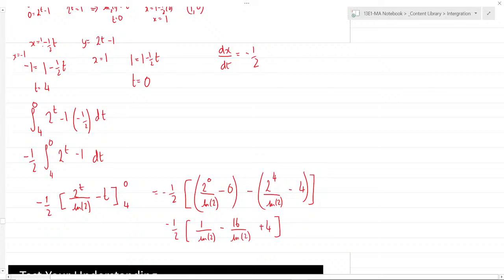Everybody right with that? Where that's come from? Which is equal to 16 minus 1 over ln 2, minus 16 over ln 2, is equal to minus 15 over ln 2. Times that by minus a half, it's going to be positive 15 over 2 ln 2 minus 2. Everybody right with that? A lot going on there.